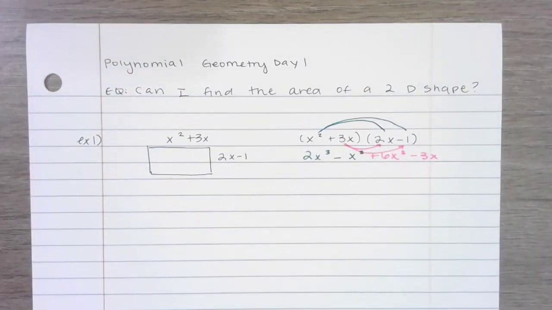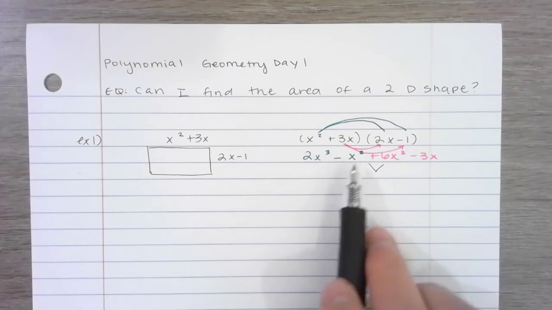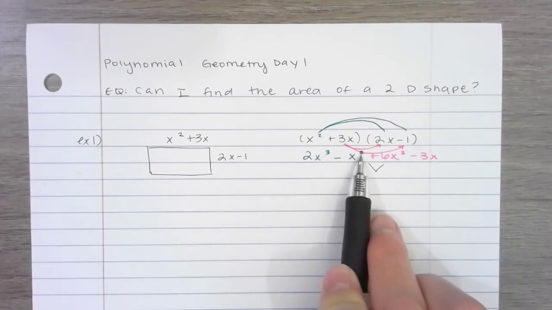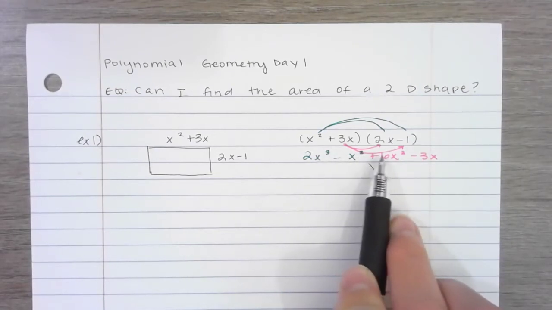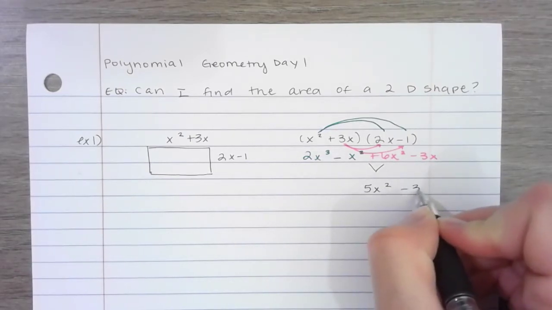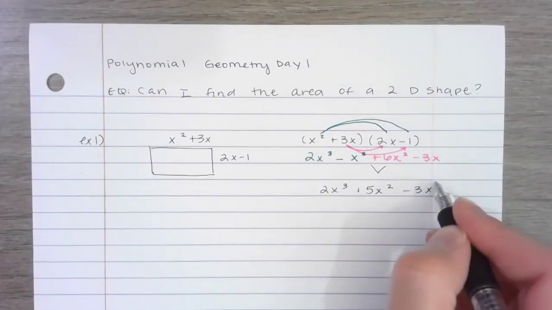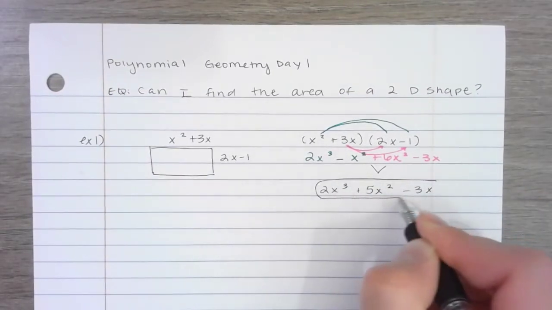At this point, if I could not combine like terms, I'd be done, but I can, so I'm going to. Negative 1x squared, or a negative x squared, and a positive 6x squared is 5x squared, and everything else cannot be combined with anything. So that would be your finalized area.